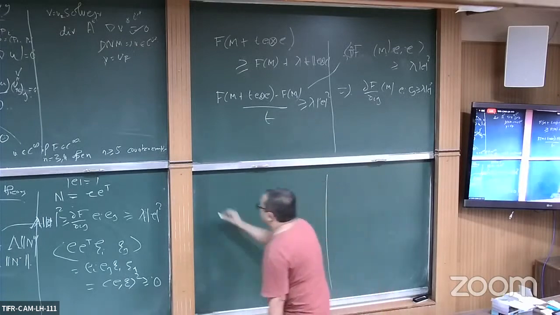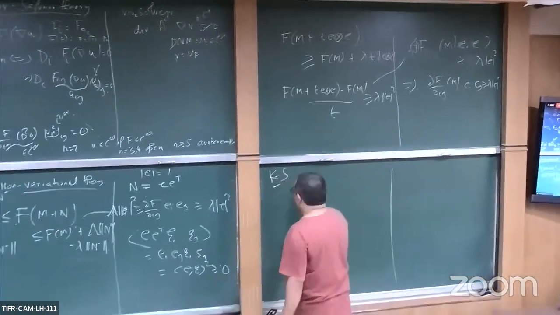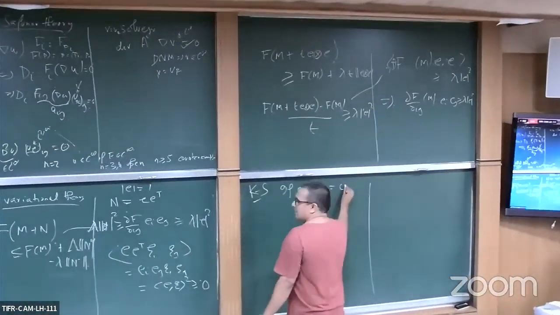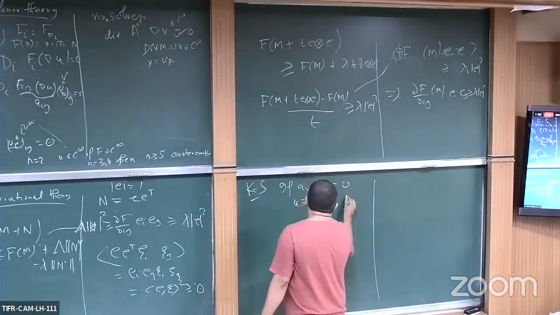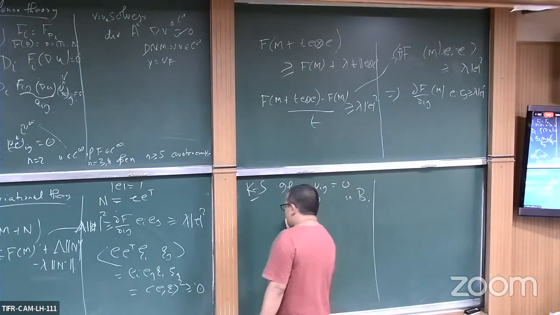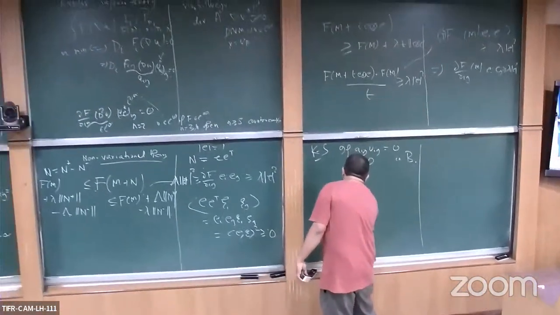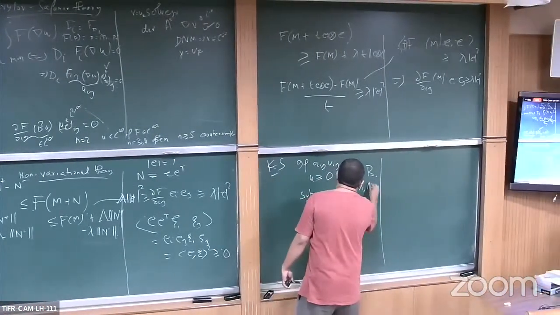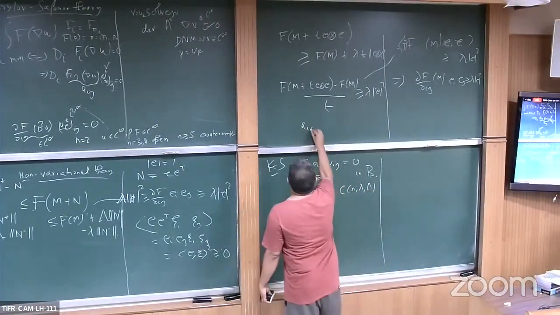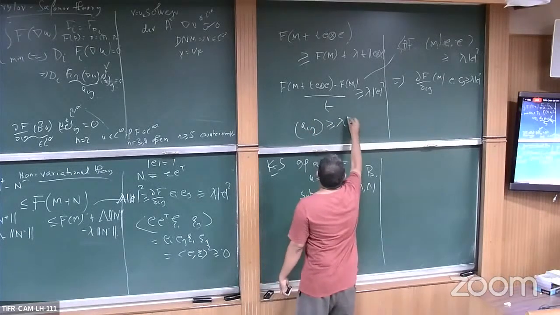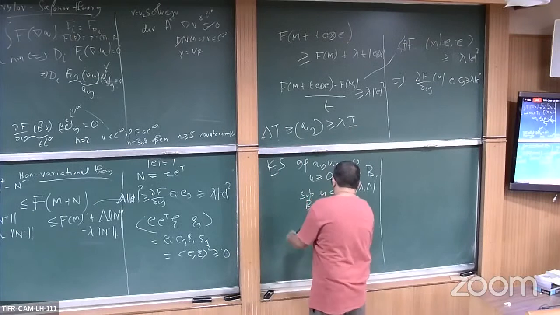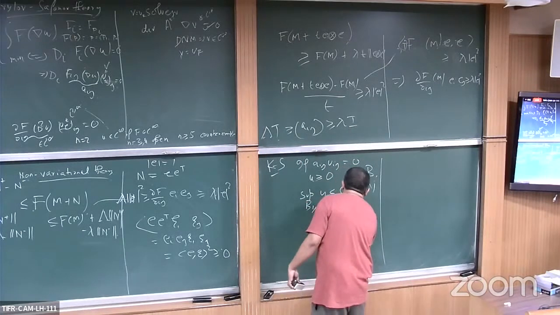So this is the Krylov-Safonov theorem. If a_ij u_ij equals 0, u is non-negative in B1, then the supremum of u in B_{1/2} is less than or equal to a constant, which only depends on ellipticity, times the infimum of u over B_{1/2}. So a_ij is uniformly elliptic.